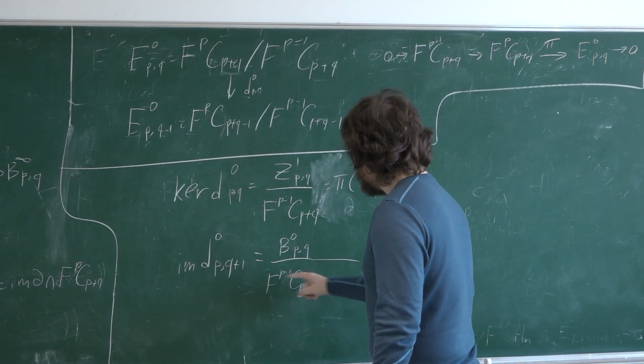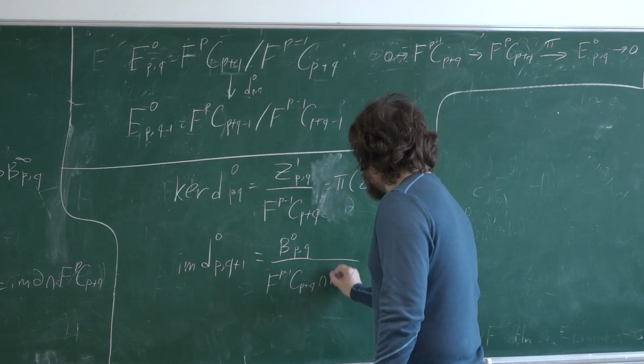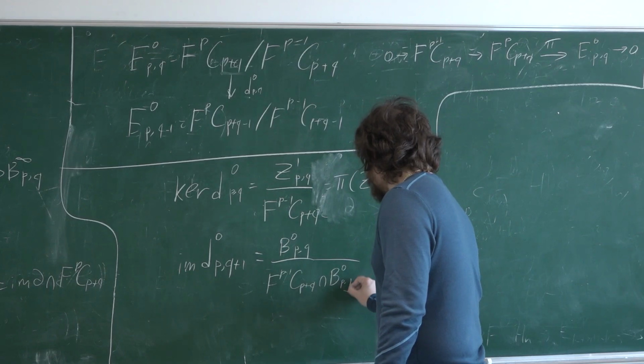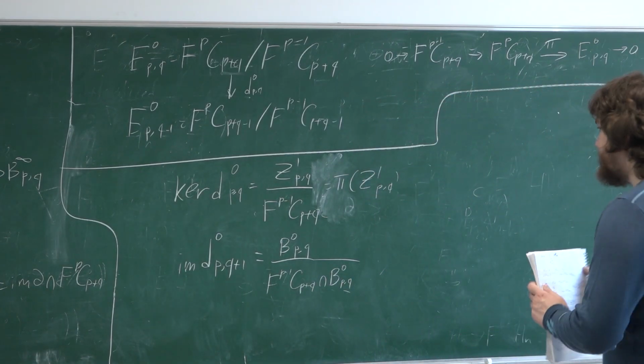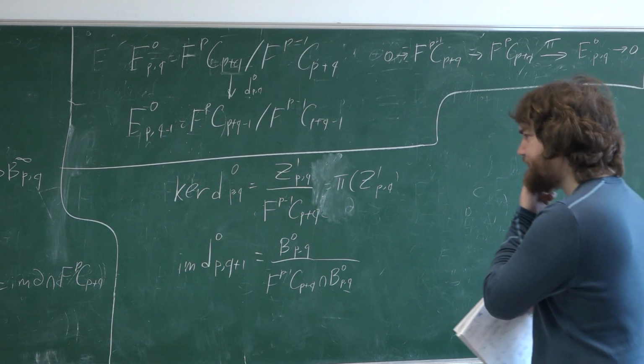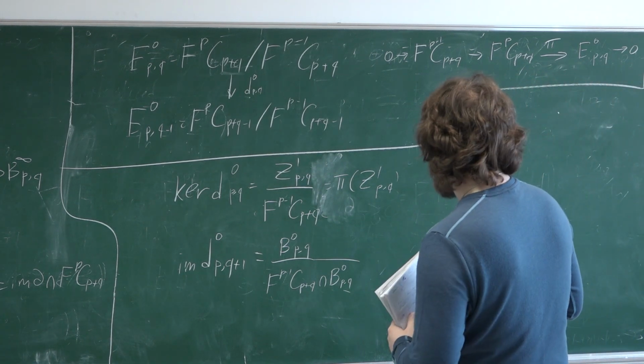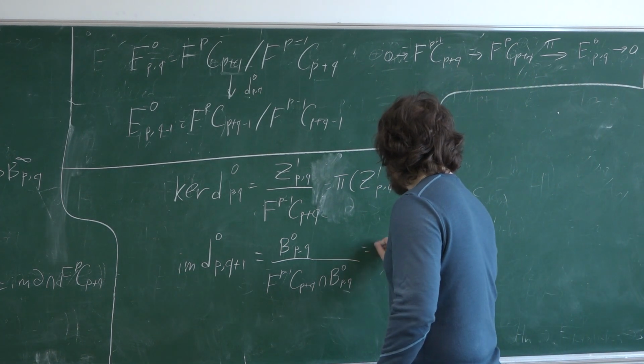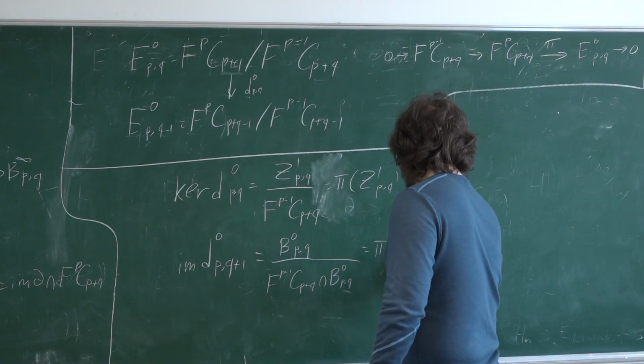This thing in fact is not in this, so I need to consider its quotient, its intersection. Okay. This is pi of B0^{PQ}.